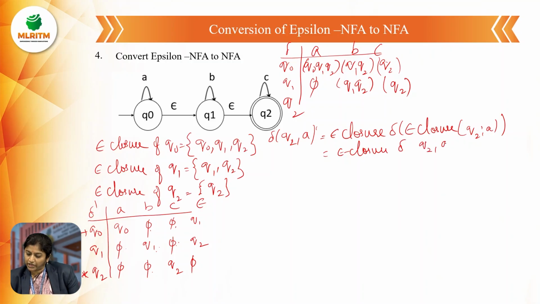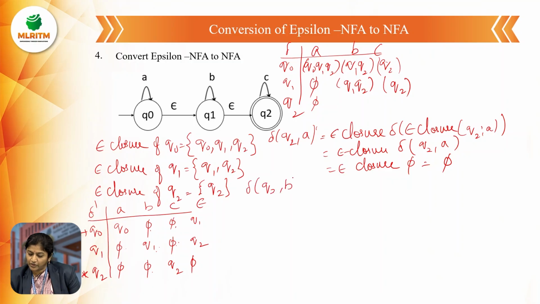So q2 on A. Transition of q2 on A is what? q2 on A is null. So this will be null. Simultaneously I am writing the transition table, because I am erasing here.